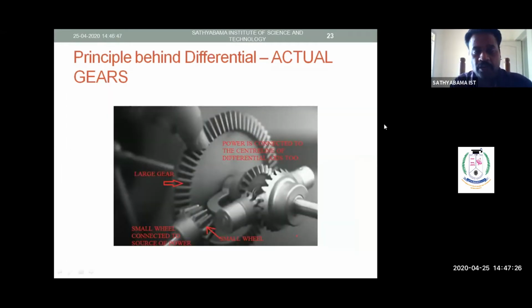What we can observe from this is there is a small wheel, you just see the arrow mark at the bottom. That small wheel is connected to the power source. Using the small wheel, we are running the large wheel, which I have shown in the previous slides as a leverage principle. Now the power is connected to the center line of the differential axis. Using a smaller wheel, you can run the bigger wheels.